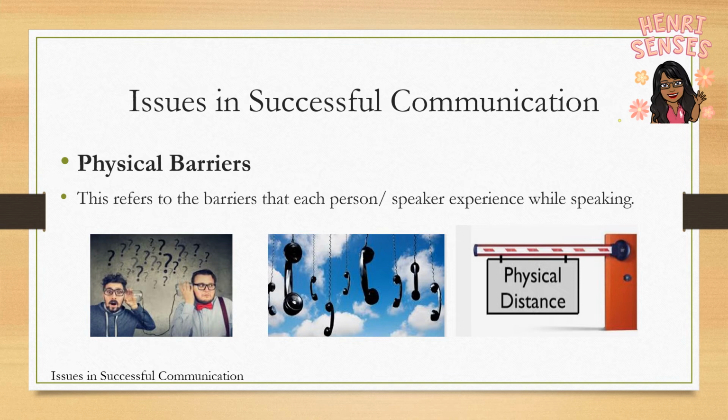From the sender to the receiver, if there's a problem in between, then there's a possible physical barrier. Examples are interior workplaces, the design of the house, technological problems, and even noise. In short, physical barriers are external issues that can hamper communication.